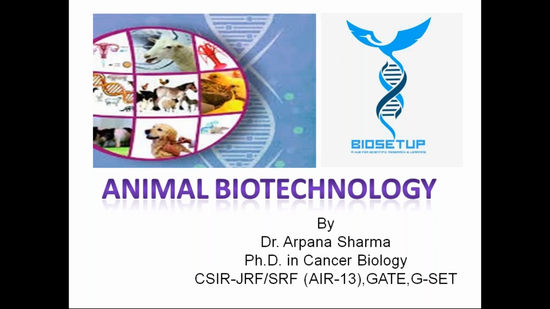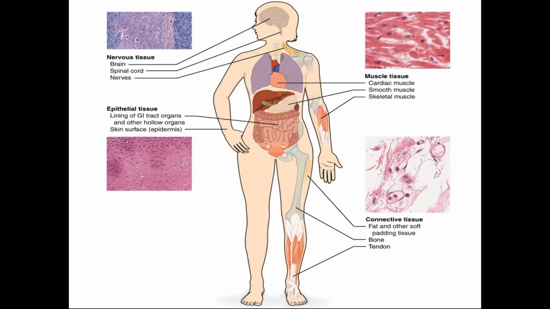Yeah, okay. So we have completed all these things, but I'll just give a brief introduction so that if someone new has joined, he or she can connect with the lecture. There are four important tissues: the nervous tissue, the muscle tissue, the epithelial tissue, and the connective tissue.